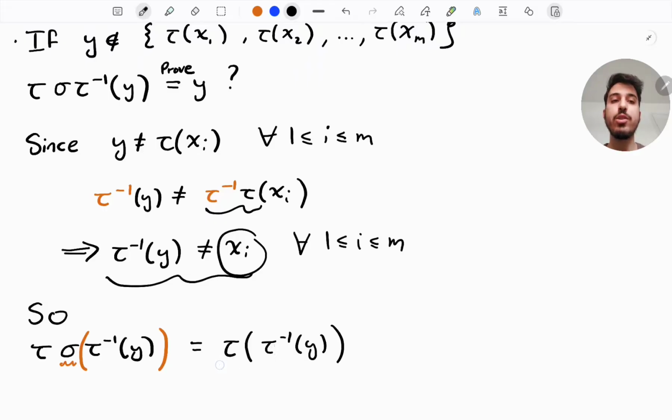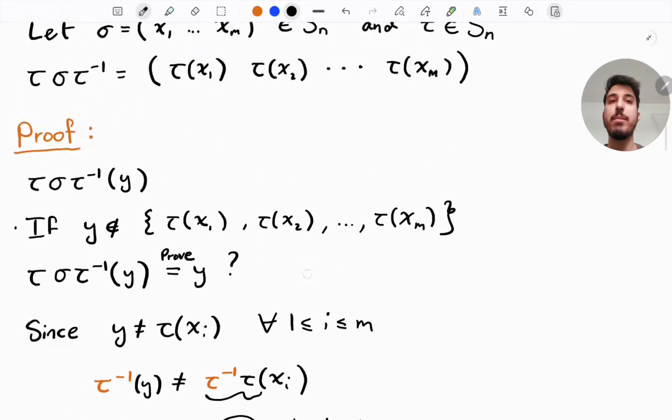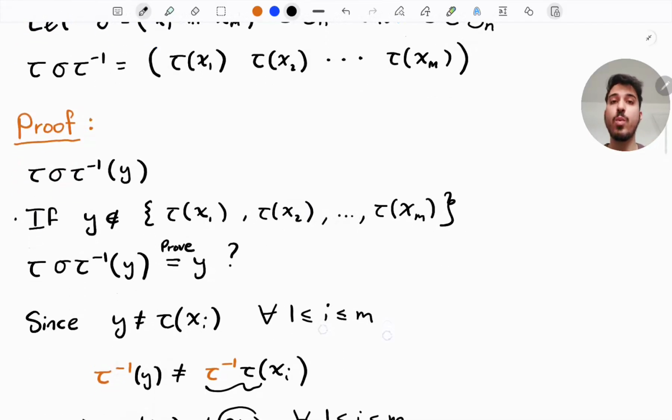Now we can just compute tau composed with tau inverse of y, and that is the identity, so it's just equal to y. Thus we've successfully proved that for any y that does not appear in the list of the cycle tau sigma tau inverse, the conjugation will fix y.